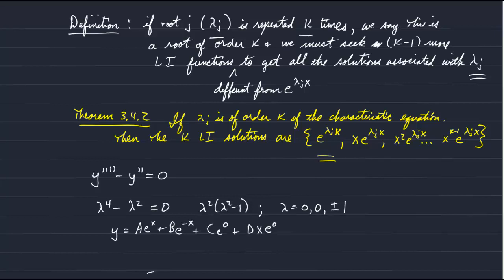Again, we had one repeated root here, and so we have e to the lambda x, and then we have x times e to the lambda x as part of the solution. And of course, that could be written as a e to the x plus b e to the minus x plus dx plus c. And this is our full general solution to this fourth order ODE.